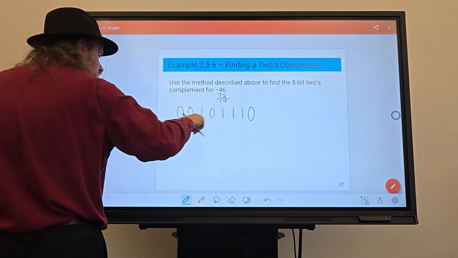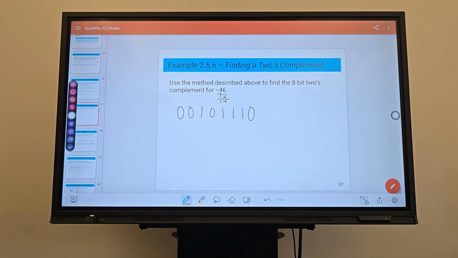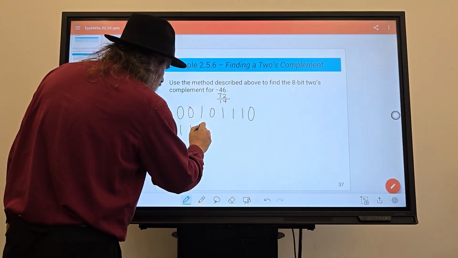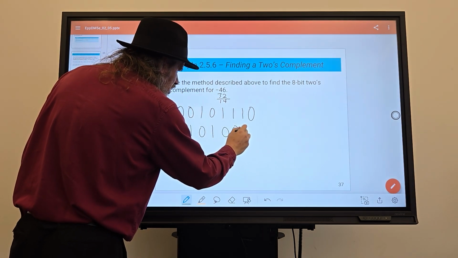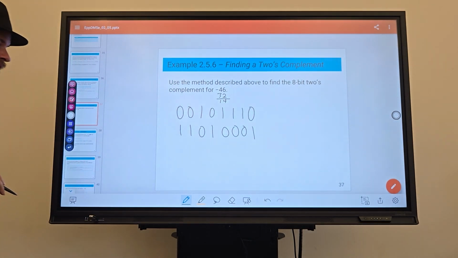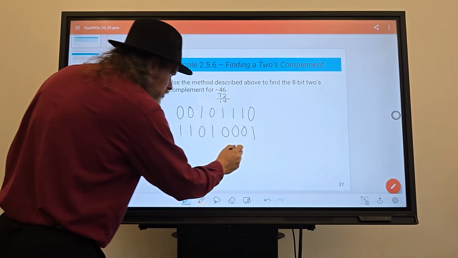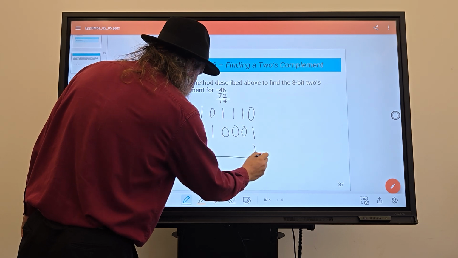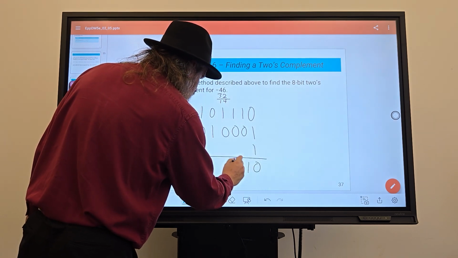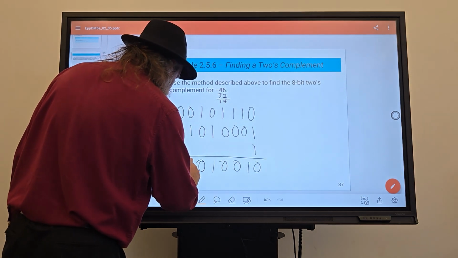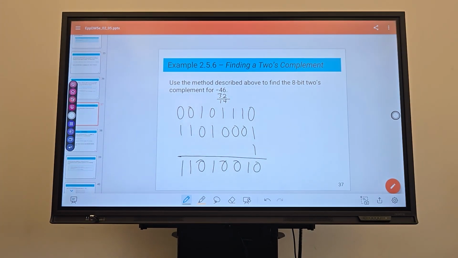Okay, so that's the binary representation of 46. For 2's complement, to make it negative, you flip the bits, then you add 1. That's 0, 1, 0, 0, 1, 0, 1, 1. And that is the 2's complement representation of negative 46.